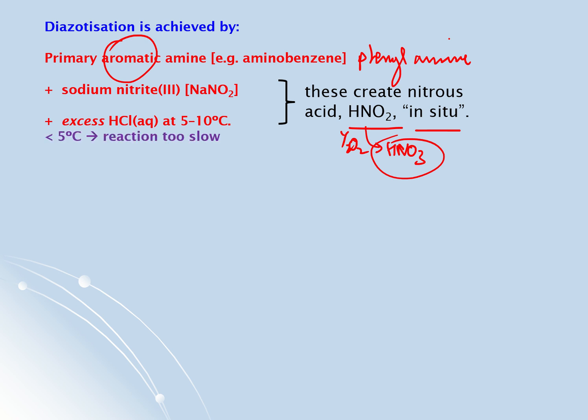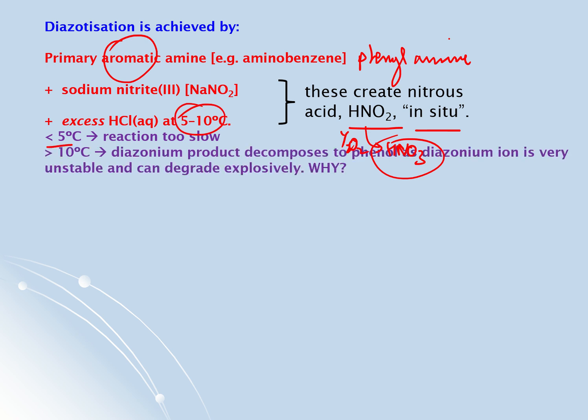And as I said earlier as well, we do this between 5 and 10 degrees. Simply below 5 degrees, the reaction is too slow. And above 10 degrees, that diazonium product that we're trying to get will decompose. If we go back a couple of slides ago, it will decompose to the alcohol, which in this case would be phenol, plus water, which is not a big problem, plus nitrogen gas.